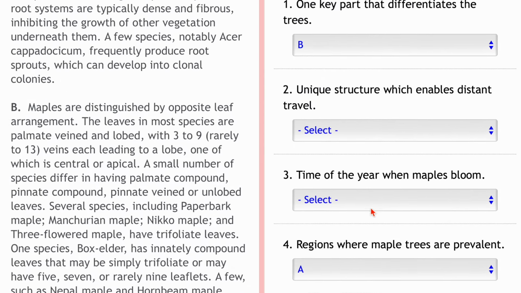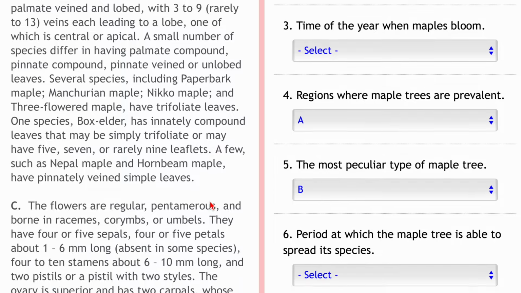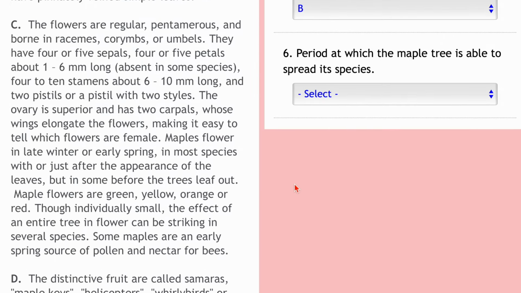Okay? All right, so let's go to paragraph C. The flowers are regular, pentamerous, and borne in racemes, corymbines, or umbels. Now, I myself am not sure if I'm pronouncing some of these words correctly. I gotta be honest here. Sometimes the vocabulary here is very particular or topic based.